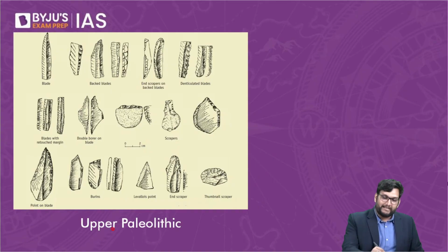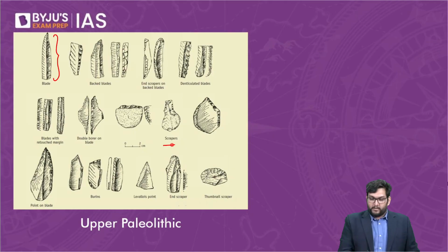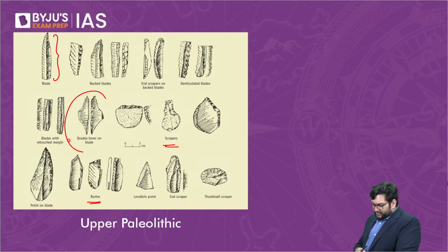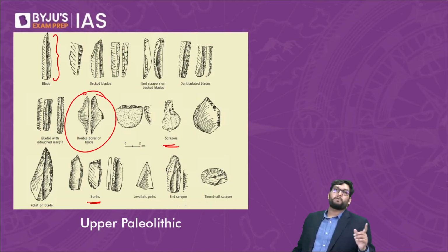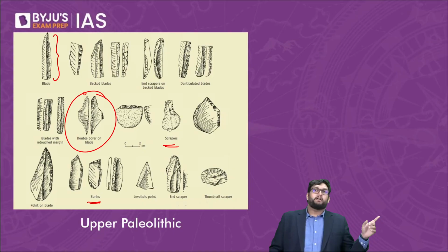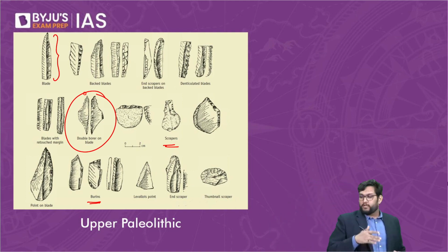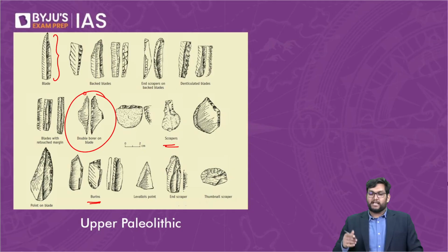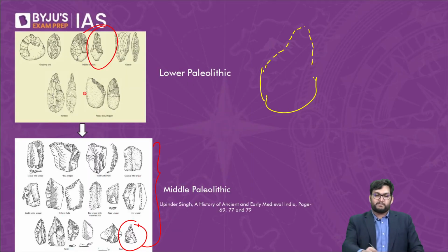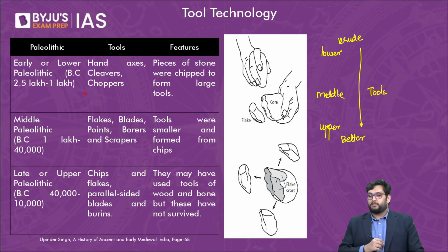We have now blades. We have now scrapers, proper scrapers. We have burins. Burins means to make holes. And we have borers. The fact is, I told you that there's a correlation between human ability, cognitive ability, tool making, and evolution. And this is how, through evolution of tools, we can make out which is the upper Paleolithic, which is the lower Paleolithic, which is the middle Paleolithic.